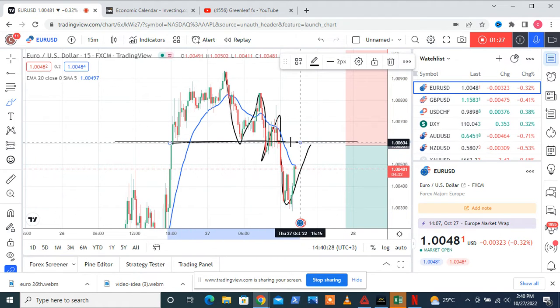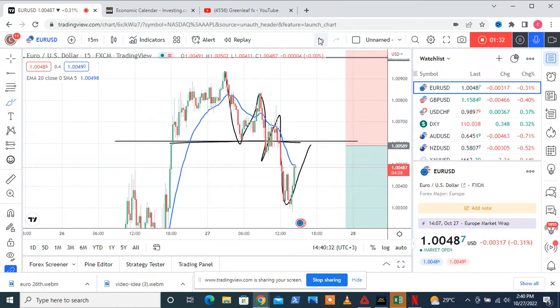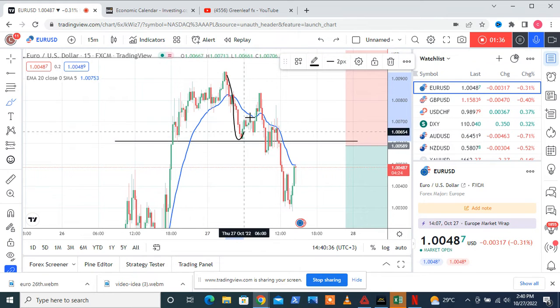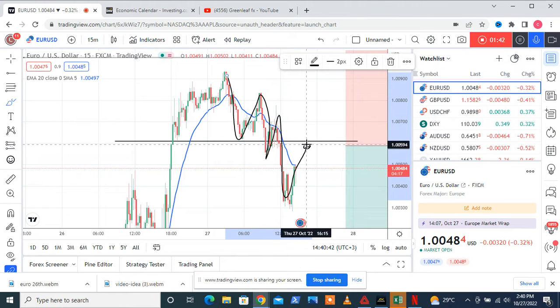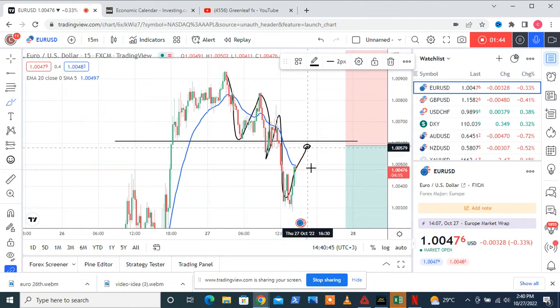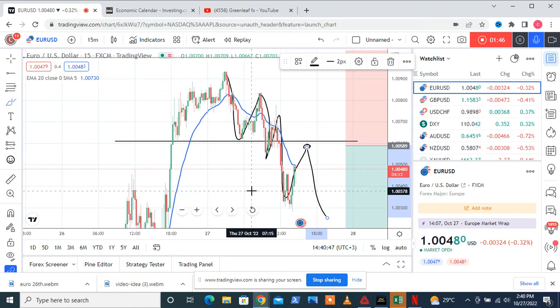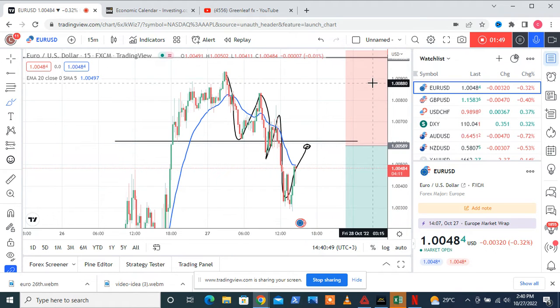As you can see, this was a minor support level here. Okay. So we see a series of higher highs and higher lows. Higher high, higher low, higher high, higher low. So here around this area, we can take our sales. I'm already in on that sell, and then we hope the market will continue going down.